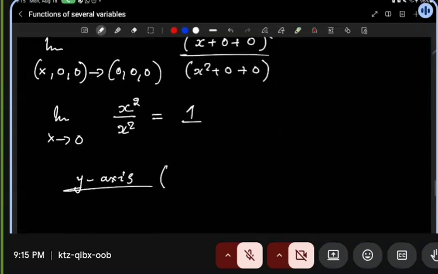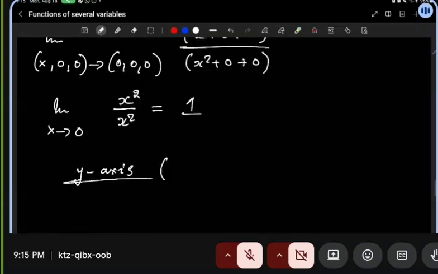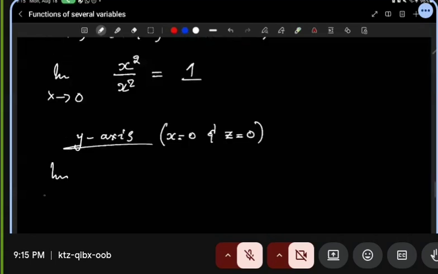Along the Y-axis, as you might guess from the fact that when we are on the X-axis, Y and Z were zeros, if we are strictly on the Y-axis, X and Z will be zeros. Meaning, in the limit, since X and Z will be zeros, only Y will be changing.